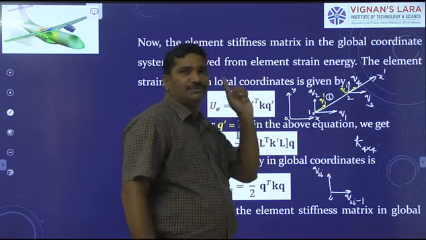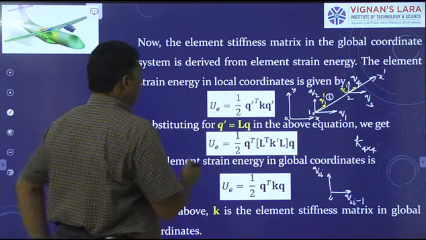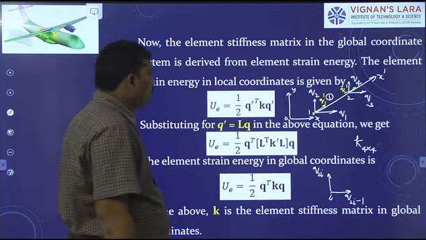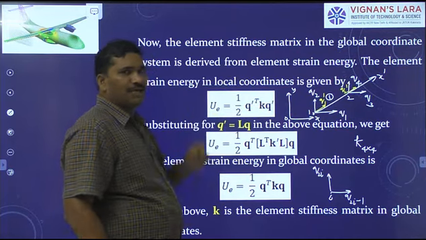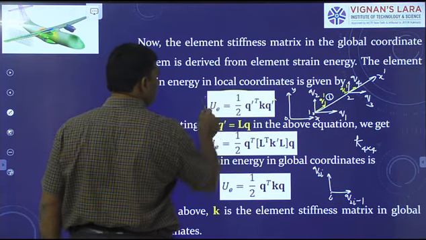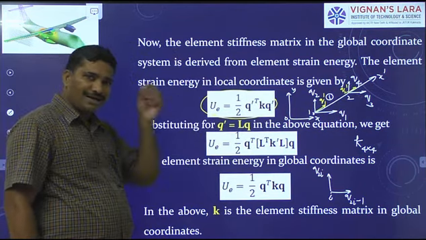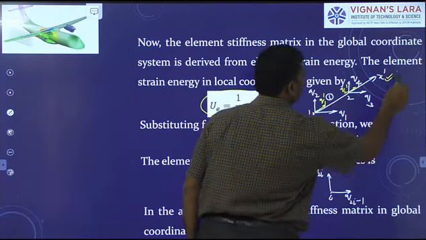Therefore, I can express the element strain energy like this: UE equals 1 by 2 Q dash transpose into K into Q dash. Remember, this is the expression for element strain energy written with respect to the local reference frame x dash.